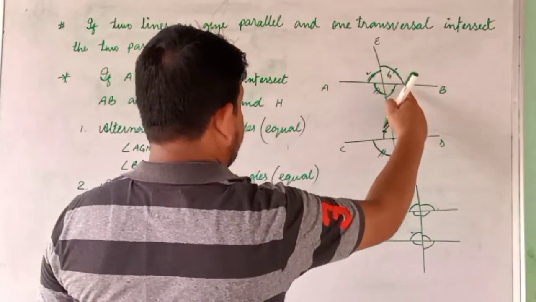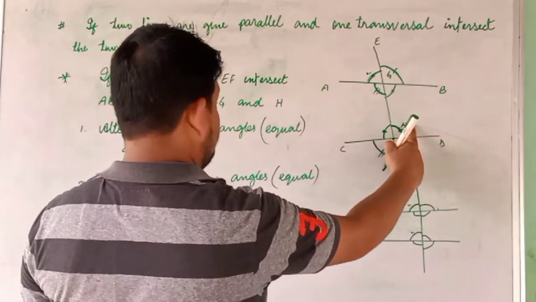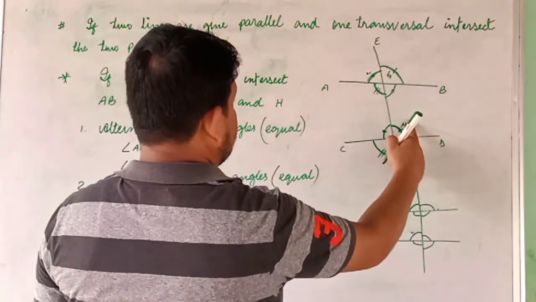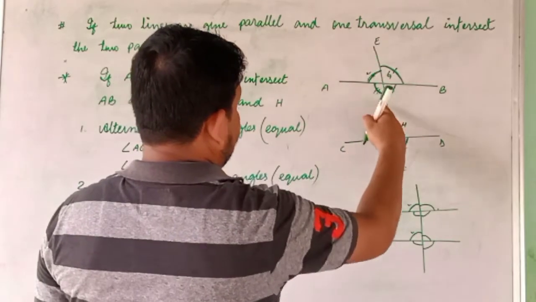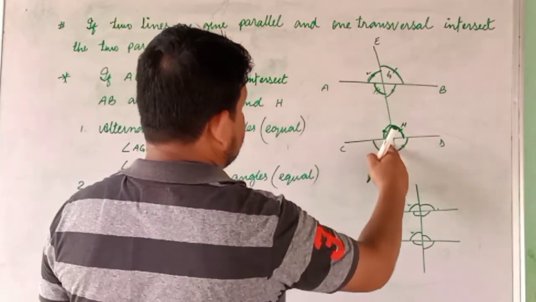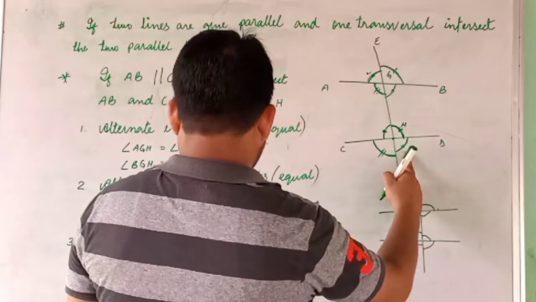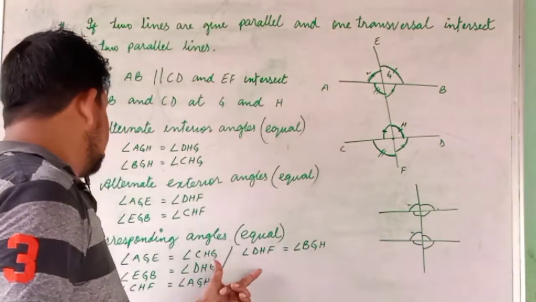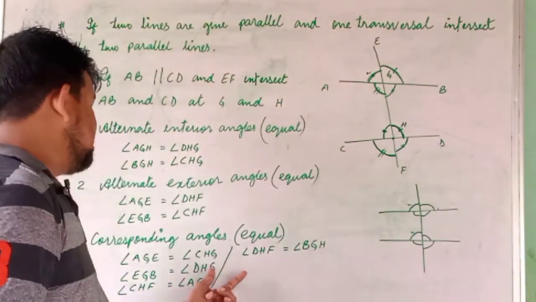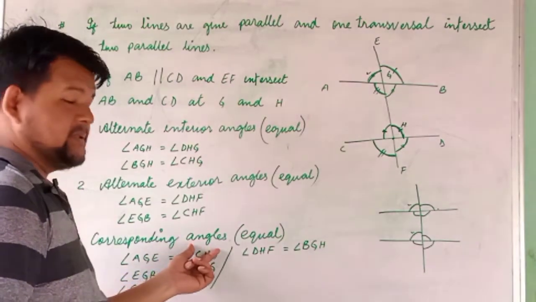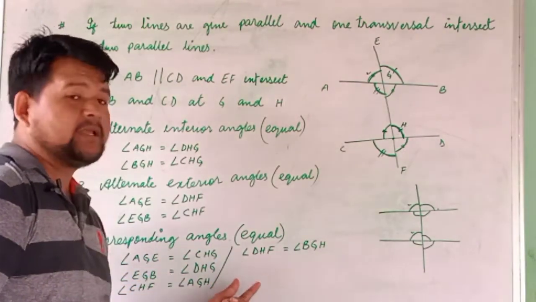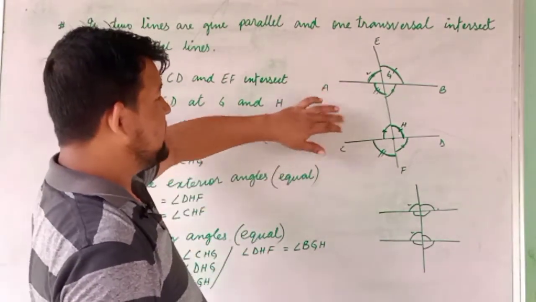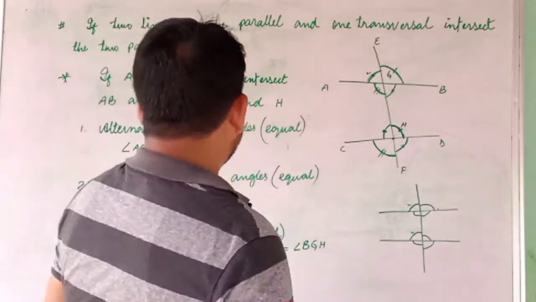And then again, this angle and this angle we have got already. So all these are equal to each other because they are corresponding angles. If two lines are given to us as parallel, we should know these things.